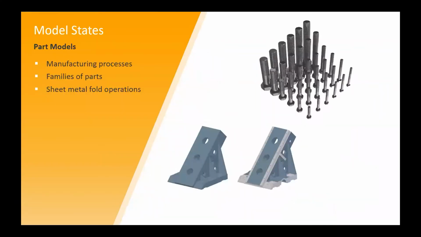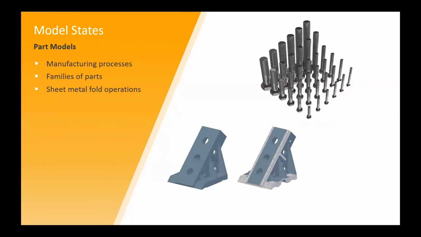So firstly, I'd like to drill down a little into the model states functionality. Basically, it's a powerful new workflow that enables us to create multiple representations of a part or assembly within a single document to provide a convenient way to engineer or manage and manufacture your designs.